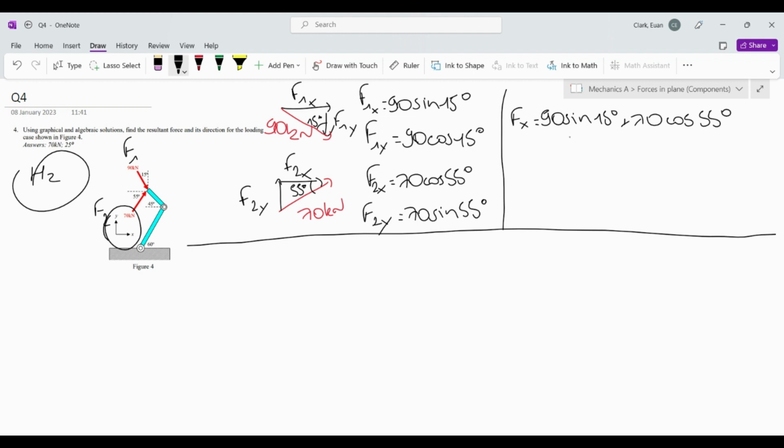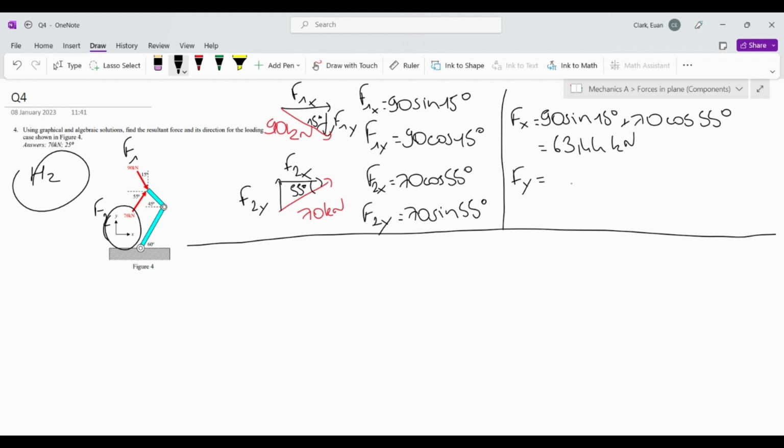And this is going to give us 63.44 kilonewton. And then we're going to have Fy, which is going to be, so F1y is going downwards, so this is going to be negative, but F2y is going upwards, so this will be positive.